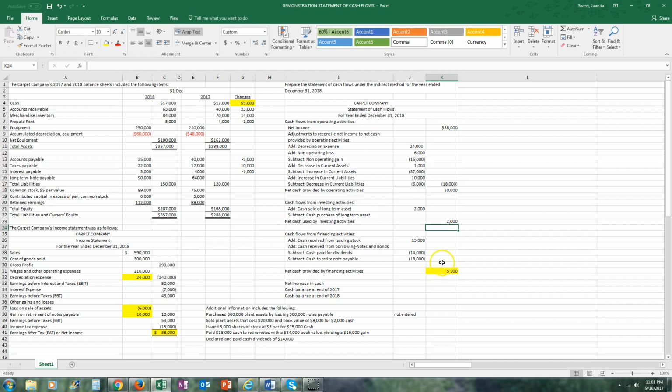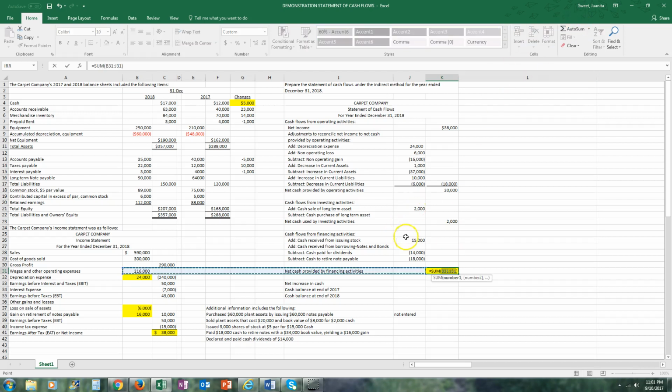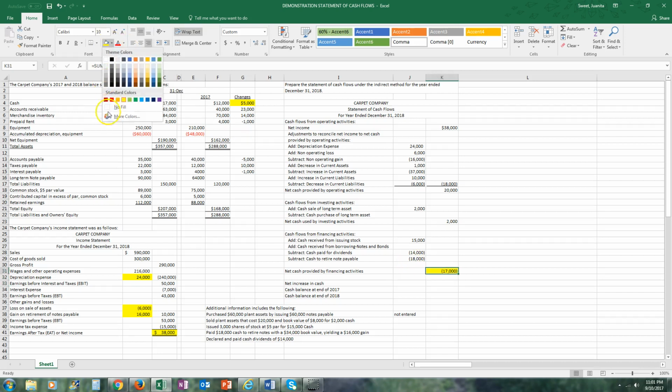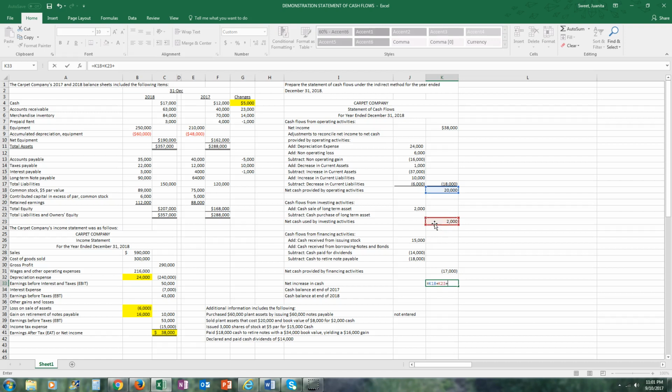Then we would add up, and I put this in the wrong box, we're going to add up the financing activities, and we see that we have used $17,000. So our net increase in cash that we were hoping to have as $5,000, let's double check. Operating activities gave us $20, investing gave us $2, but financing used $17.